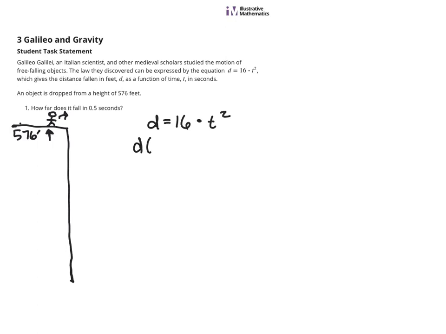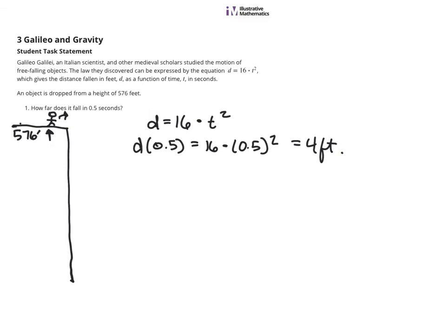We can even write it in function notation. So 0.5 squared times 16 is going to be a whopping 4 feet. Okay, and that's just using the function notation.